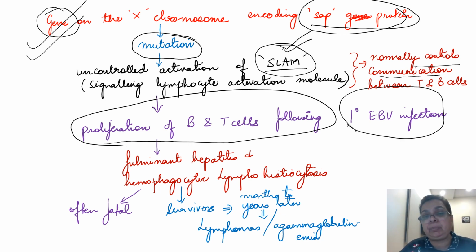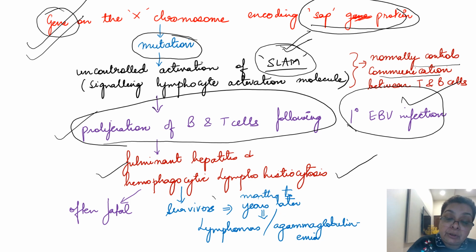When this patient has a primary infection, it leads to the uncontrolled proliferation of the B and T cells, which is associated with fulminant hepatitis and, as I mentioned earlier, hemophagocytic lymphohistiocytosis. Often fatal, the patient generally dies within the first few years whenever exposed to EBV.